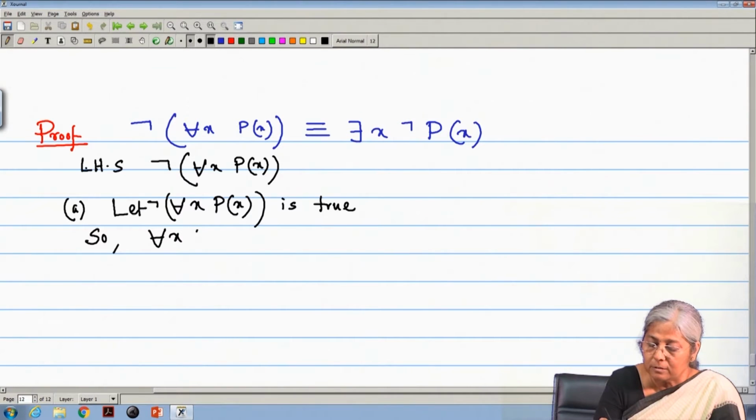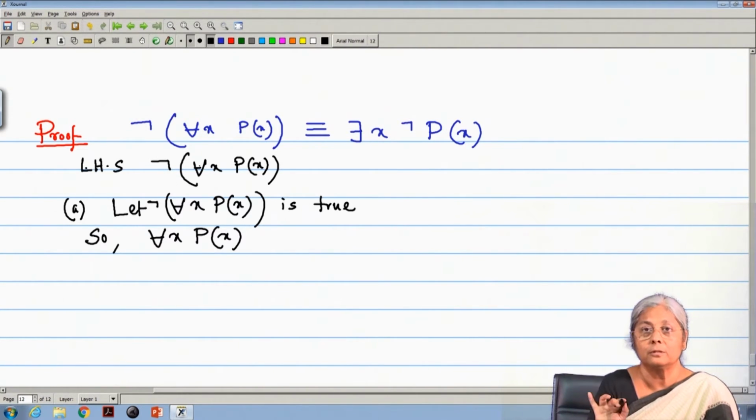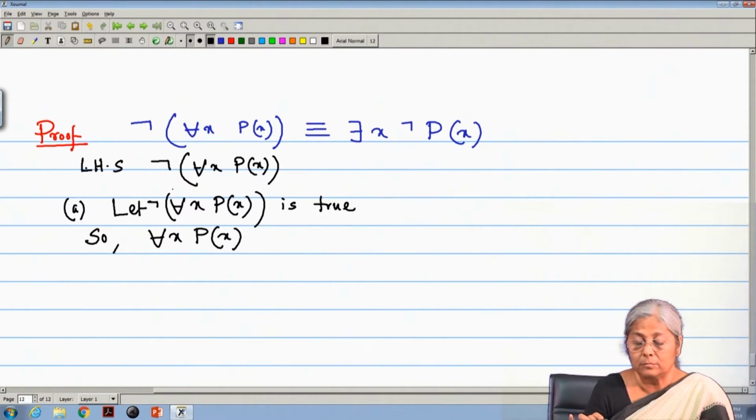For all x p x, if we omit the negation, so the reverse is, this should be false.